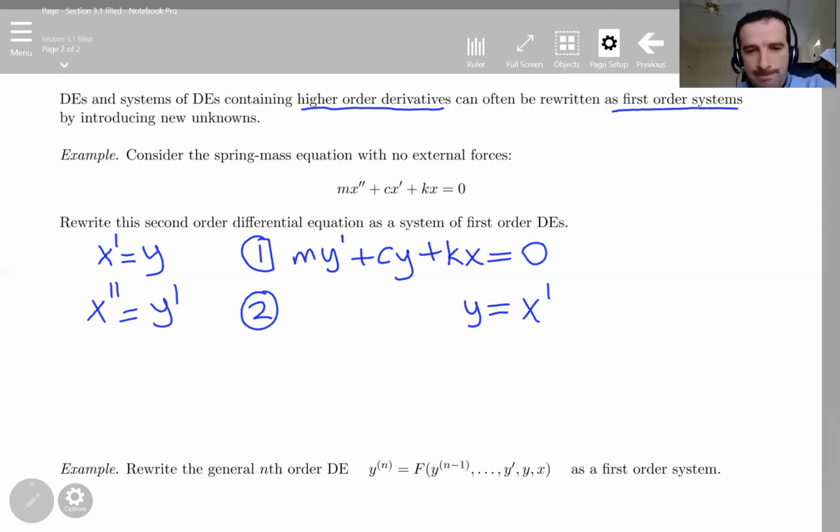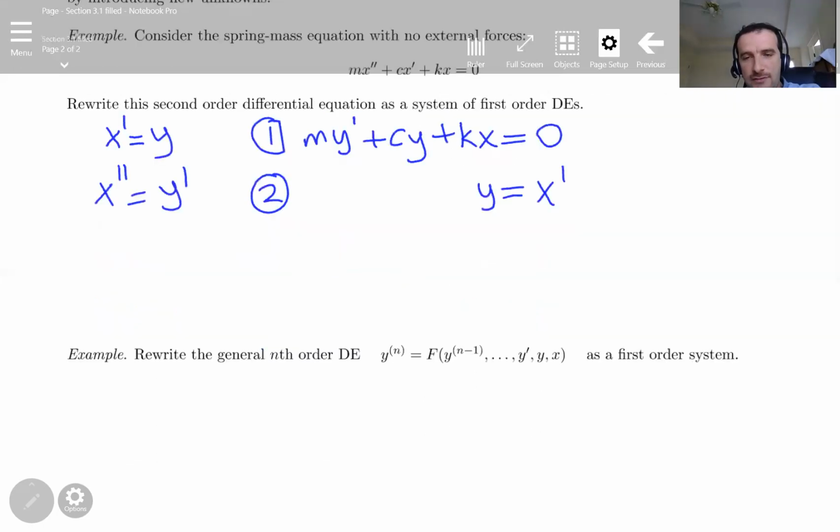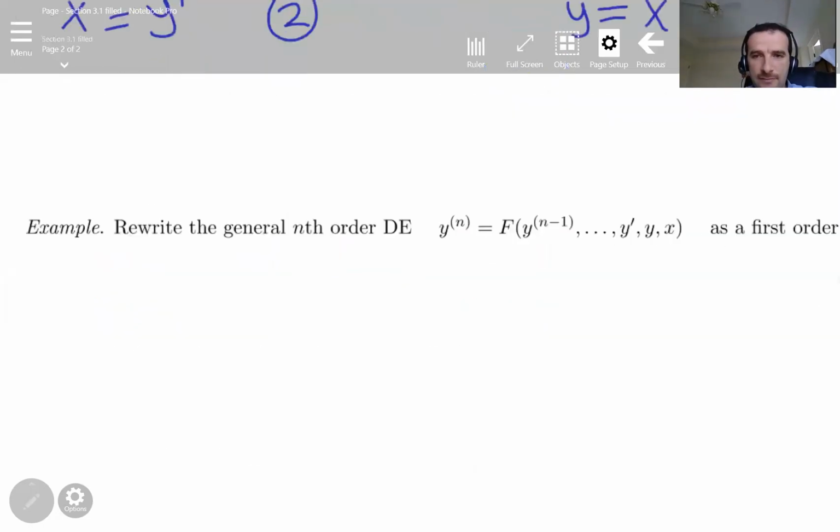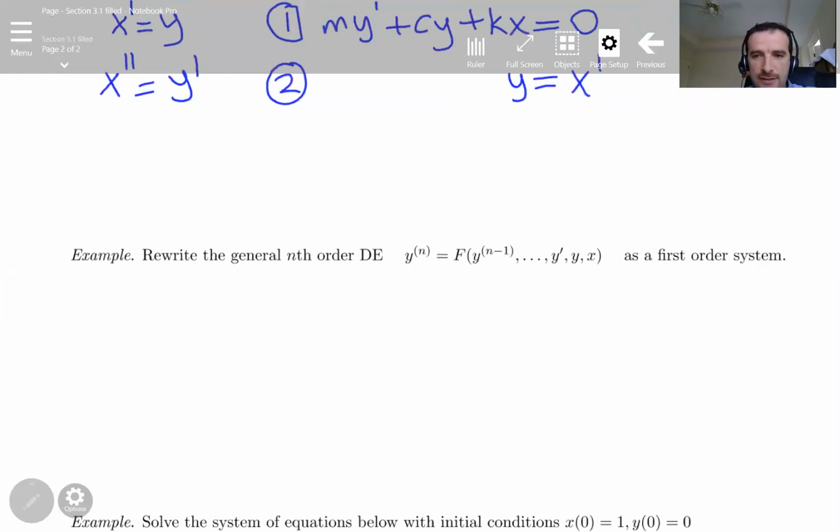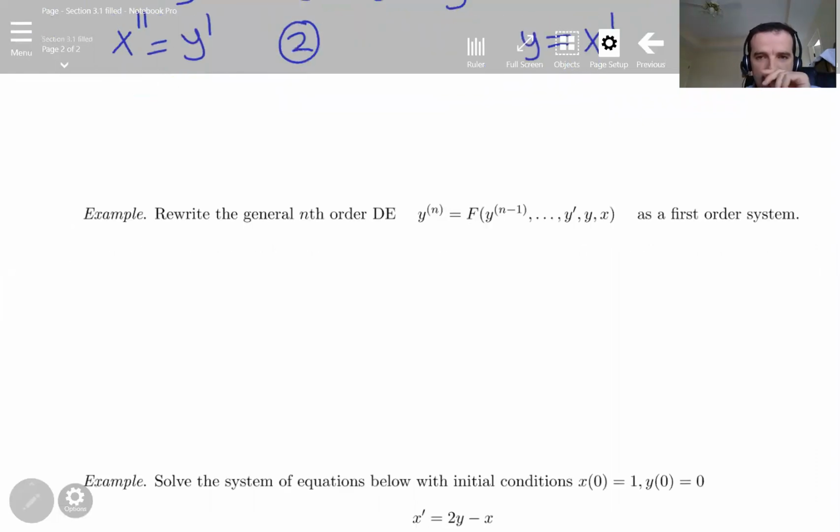In general, if we have an nth order differential equation like this one, this is a general formula, right? We can rewrite it this way. There is an abuse of notation here compared to the previous example.